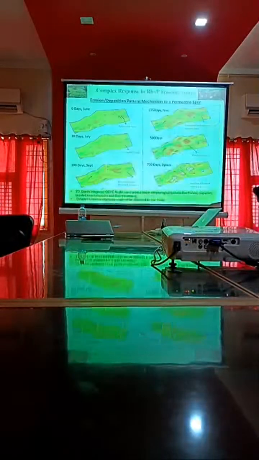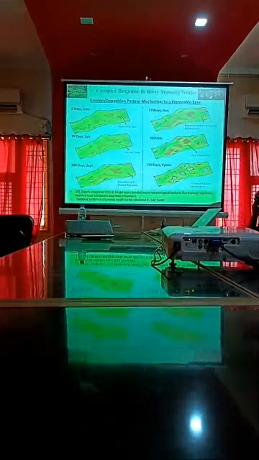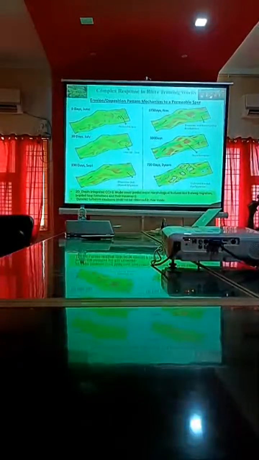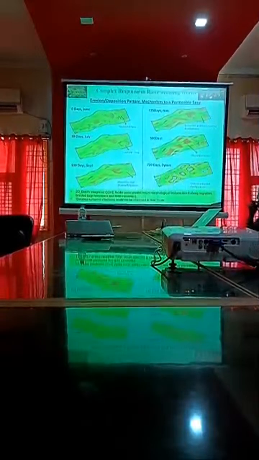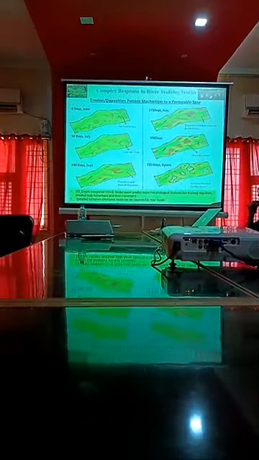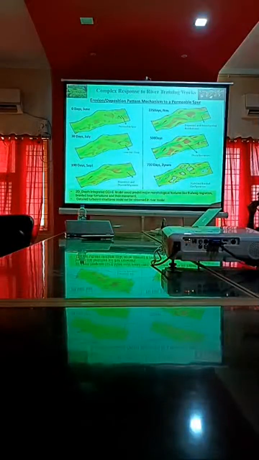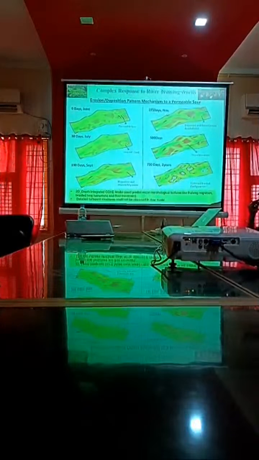Okay? Like I told you, the Brahmaputra river is a dynamic river. Why is it dynamic? It has a very weak bed material, very fine bed material which is prone to erosion, and there are fluctuations in the river discharge ranging from 5,000 cubic meters per second to 50,000 cubic meters per second.